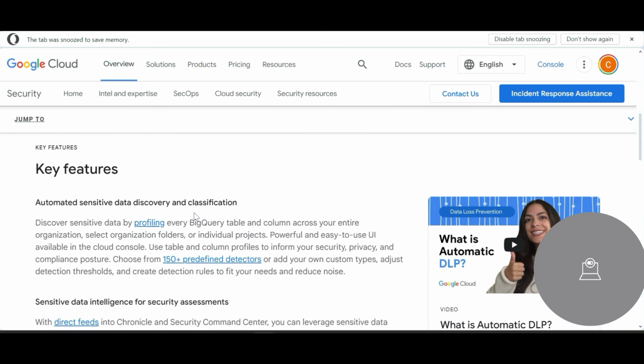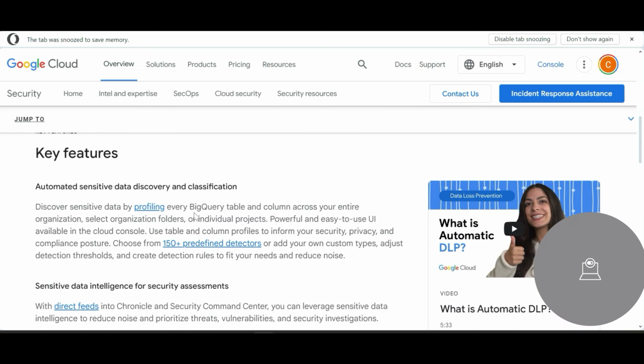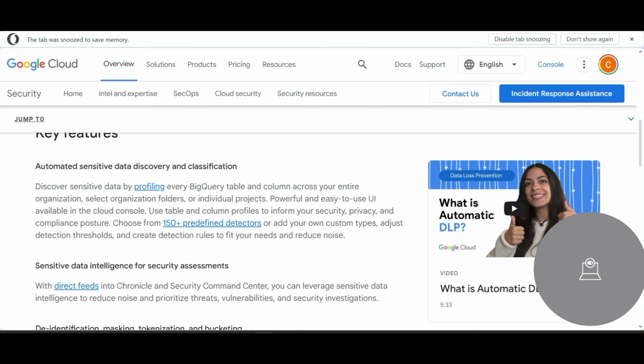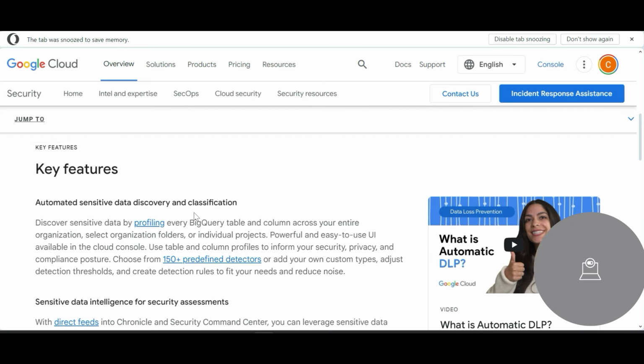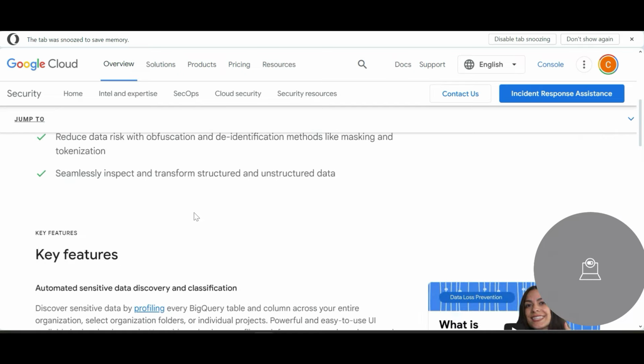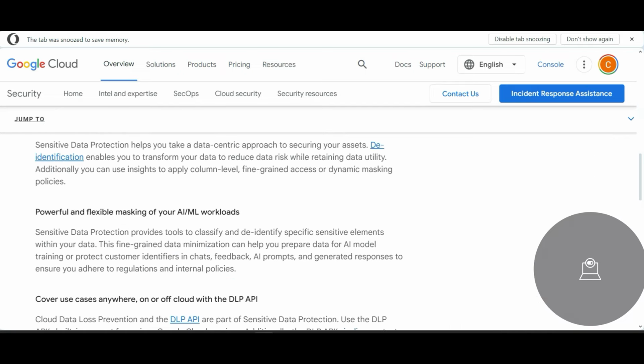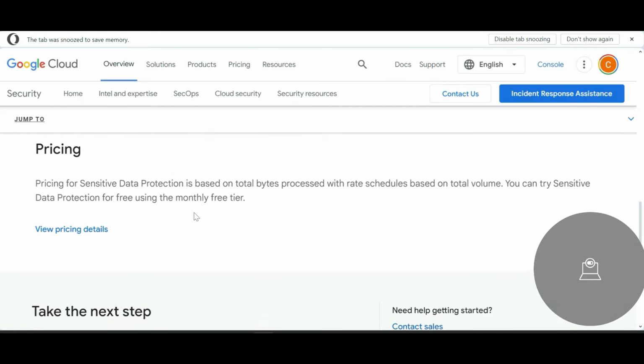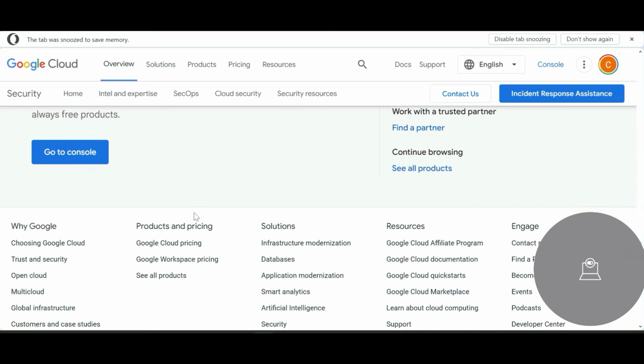It is for sensitive data, and these are its key features. They automate sensitive data discovery. So this is automation. Automatically, it will classify and say, okay, I found this sensitive data. So we know what this does.